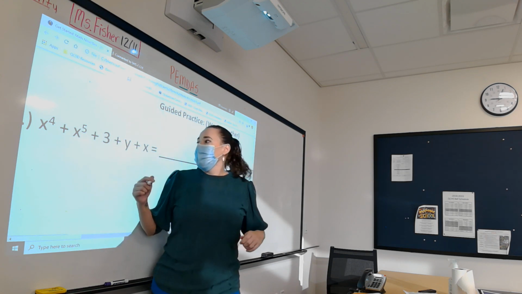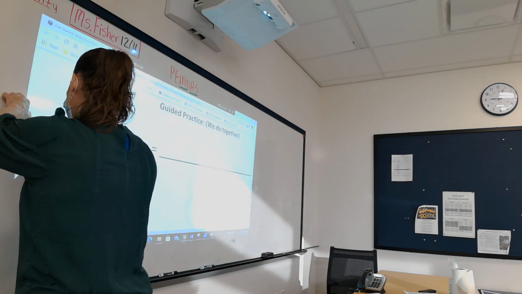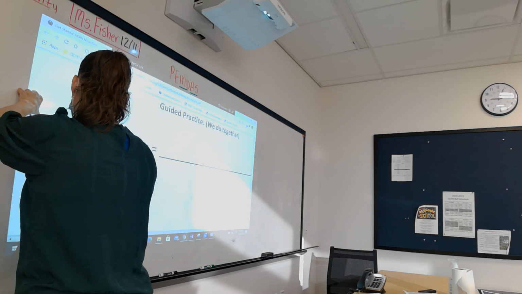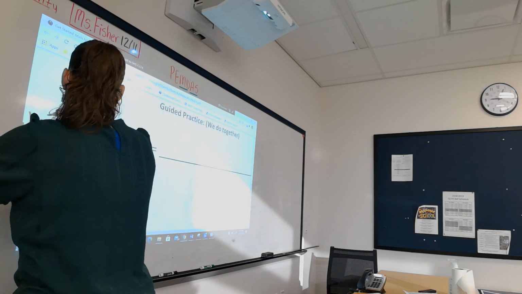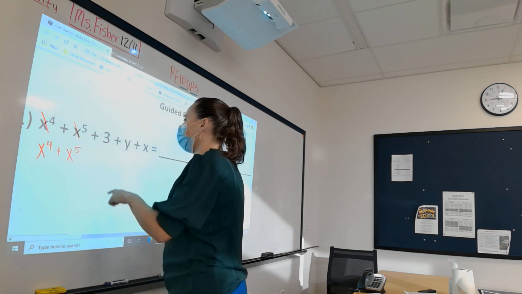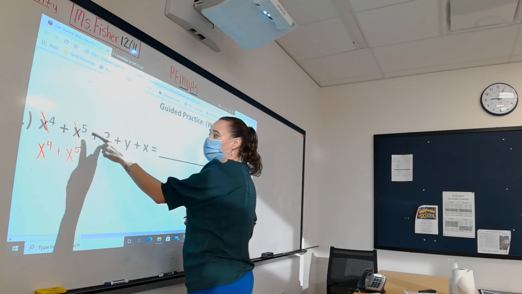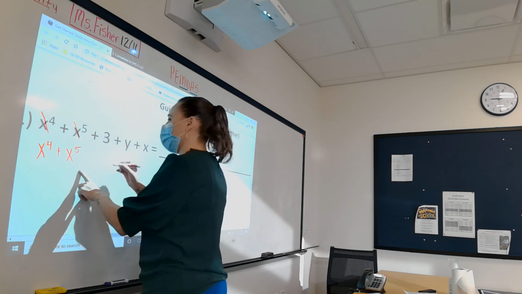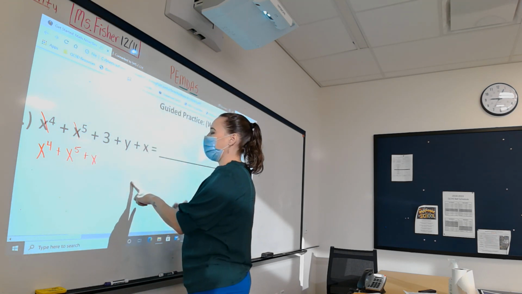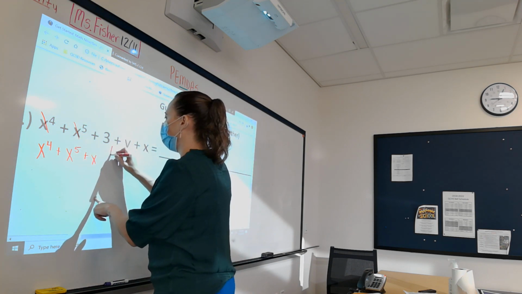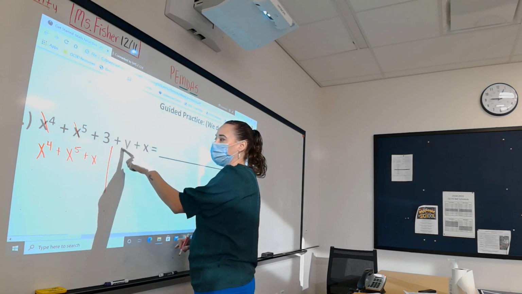All right? So I'm going to say I have x to the 4th plus x to the 5th. Okay? So I got rid of this one, I got rid of this one. 3 doesn't have an x, so nope. Y isn't an x, so nope. Plus x. Okay. Got rid of that one. Line. Now I see my y. Okay.